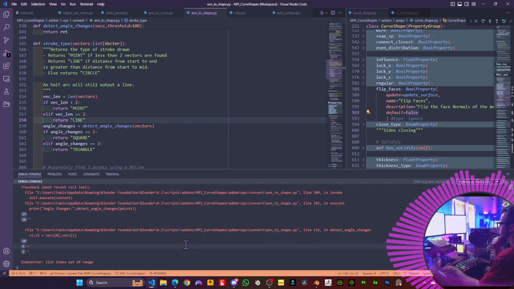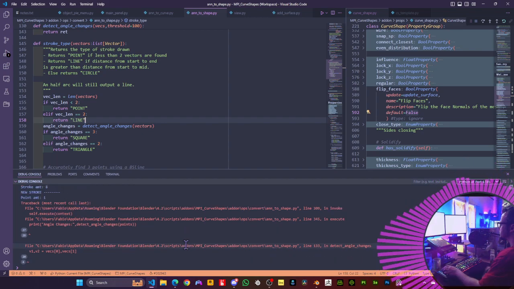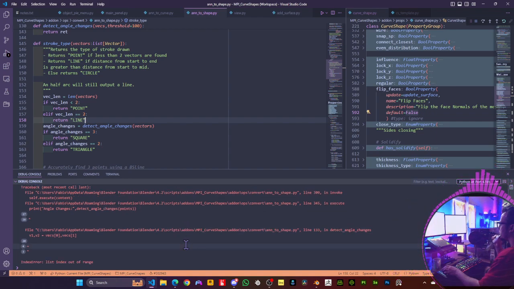List index out of range, vec 0 and vec 1. That was when I have only 1 point. Vector len -2. That happened in line 3, 4, 5.